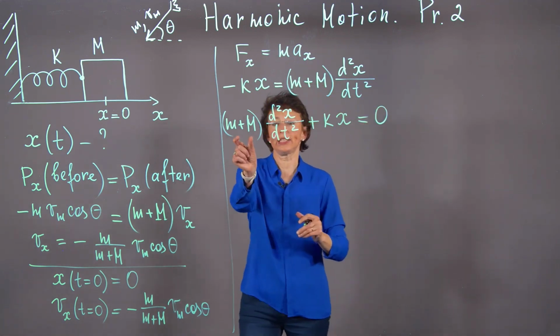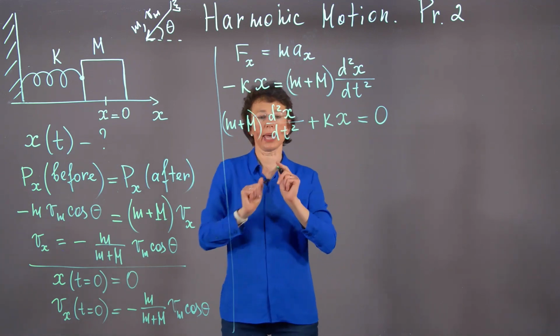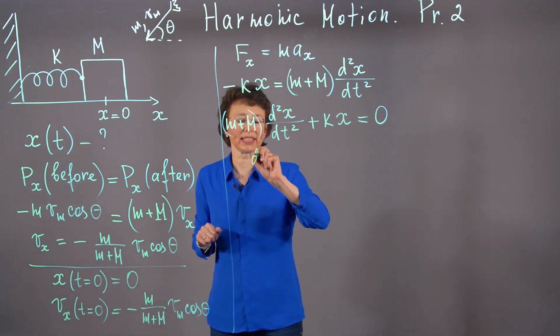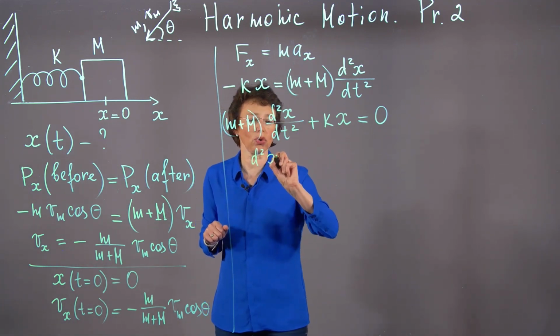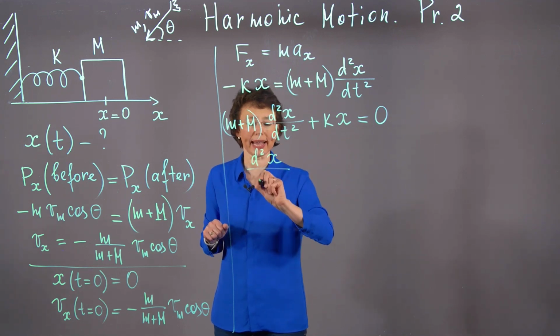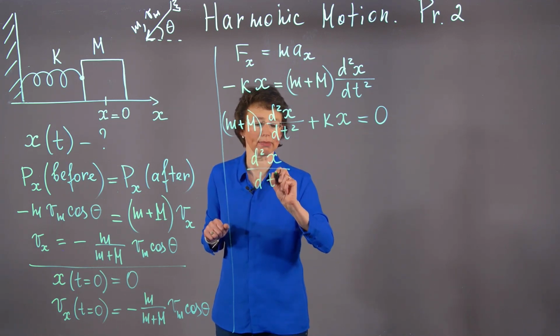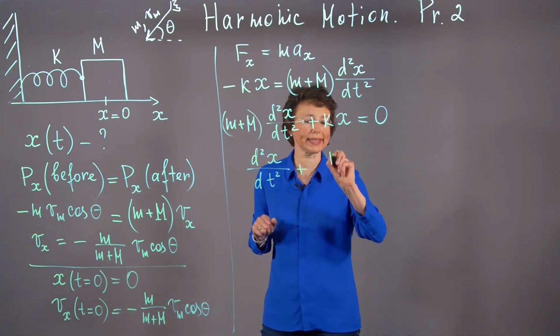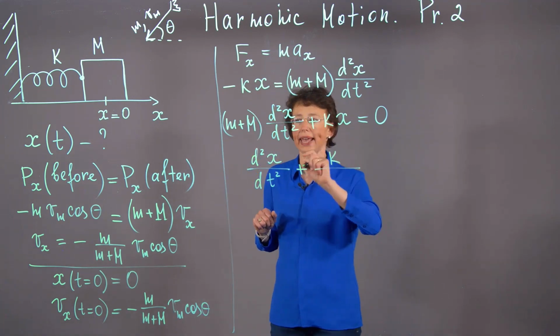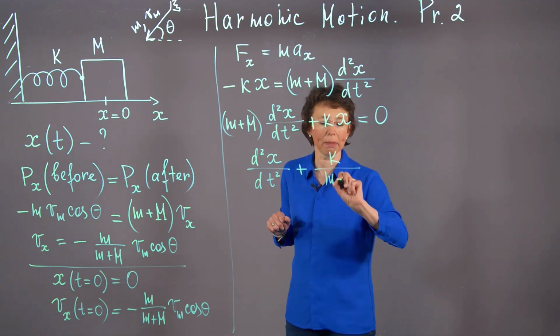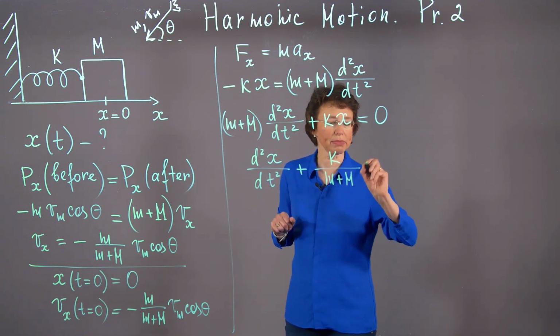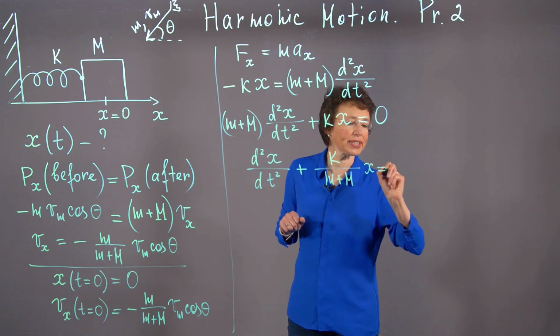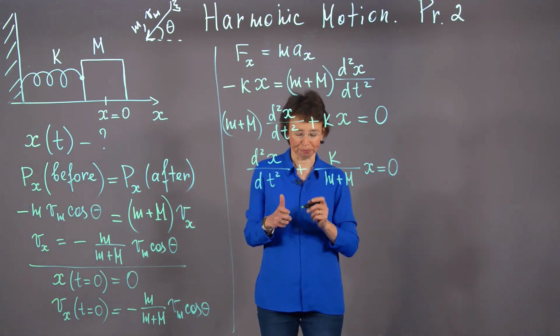Now, if I divide both of these by m plus M, what will we get? We will get this iconic form of this equation. Second derivative with respect to time, d2x by dt squared, plus a constant, which in this case will be k divided by m plus M, times x. And this is equal to 0.